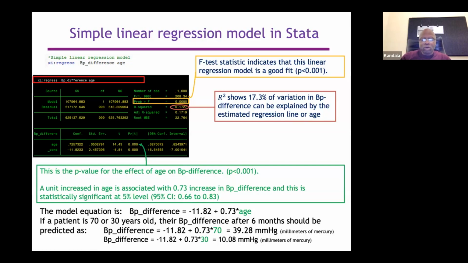For a patient that is 30 years old, you will have a difference of 10 millimeters of mercury. This should be really clear. If there is any question, I can always clarify on the prediction.